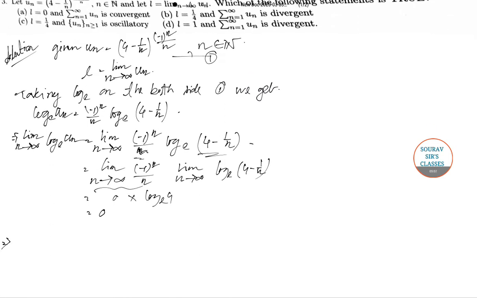This implies we get limit n tends to infinity of log base e un equals 0. Then we have limit n tends to infinity of un equals L. Now we have to apply the nth term test to see whether the series is convergent or divergent.